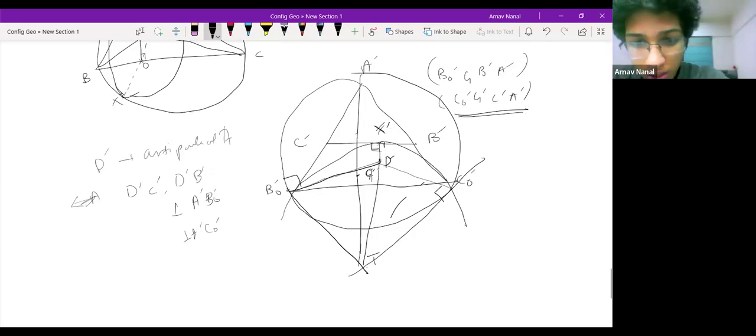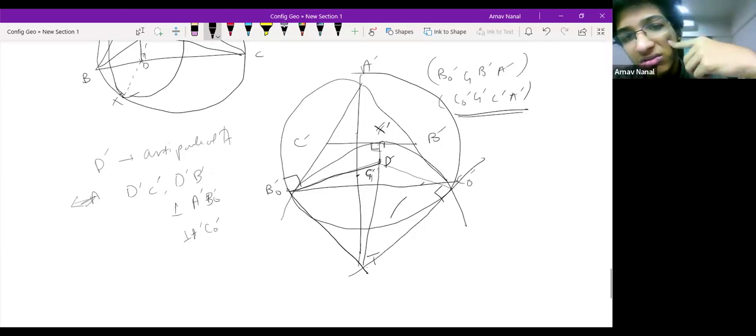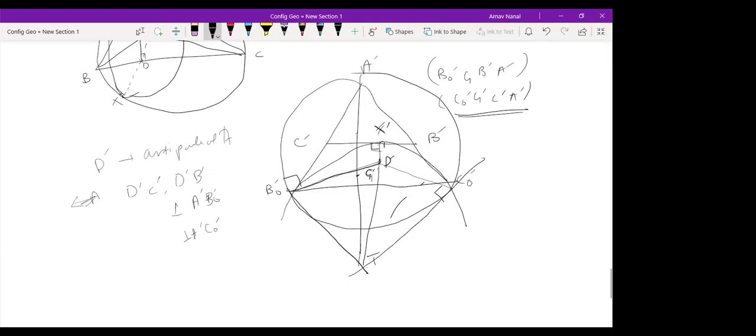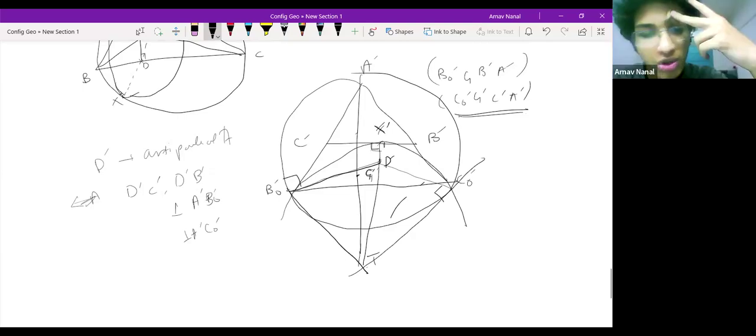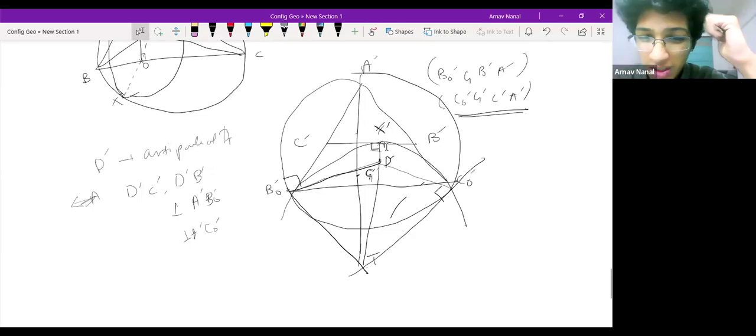I think B naught B dash should be parallel to B naught C naught, and X dash and T should be collinear. I'm not able to figure out why it is 90. We have to prove that D dash X dash is perpendicular to B dash C dash, yes.